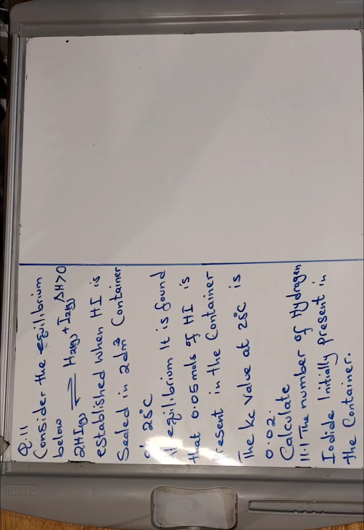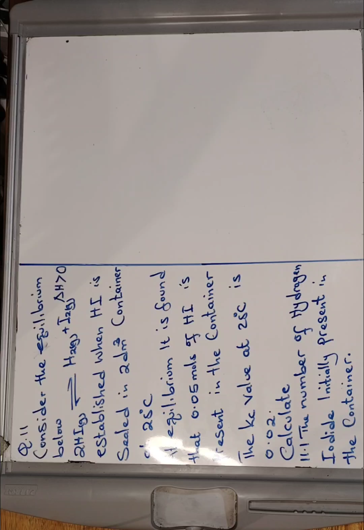The reaction is established at 25 degrees. The number of moles at equilibrium for hydrogen iodide is given, and the Kc value is given. So the question says, calculate the number of moles of hydrogen iodide initially present in the container.